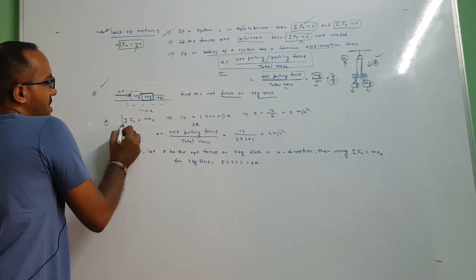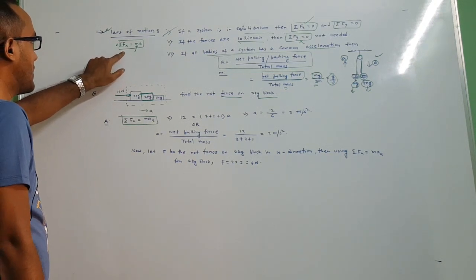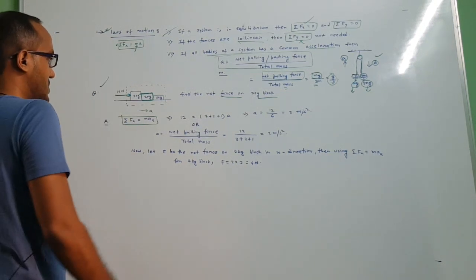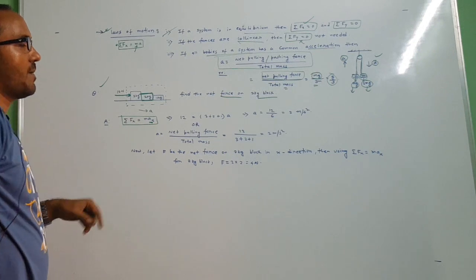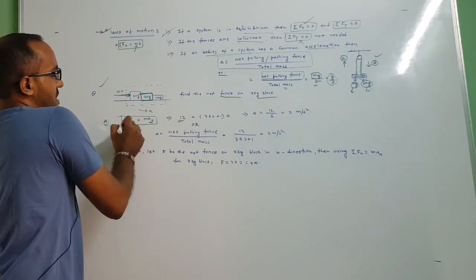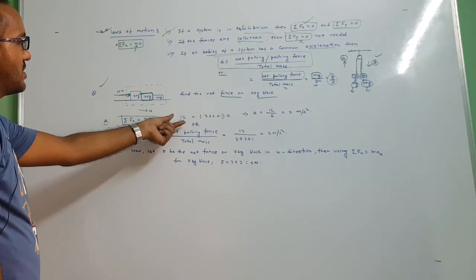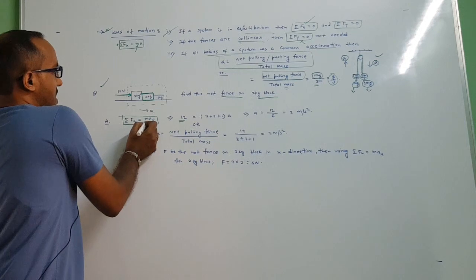Now see, we have already discussed that you have to make summation of Fx equals mass into acceleration. Here the total force is 12 Newton. This is the summation, that means the total force. Here we have only one force, that is 12 Newton. So 12 equals, and this m is the total mass.